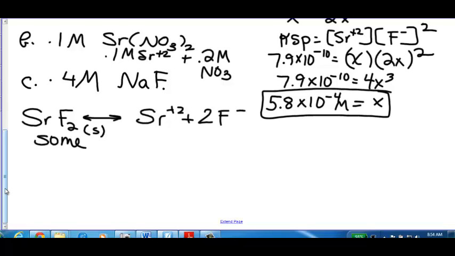Well, if it's in water, there's no strontium and there's no fluoride. But if it's in strontium nitrate, there's some strontium there, right? How much strontium? 0.1 molar. There's the presence of a common ion. There's no fluoride, though. There's nitrate, too, but we don't really care about it, because nitrate's a spectator ion. It doesn't have anything to do with the dissociation of our salt.